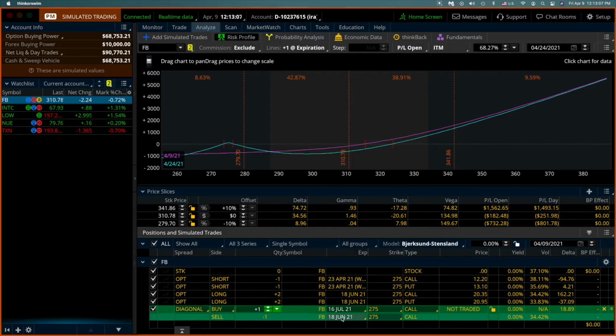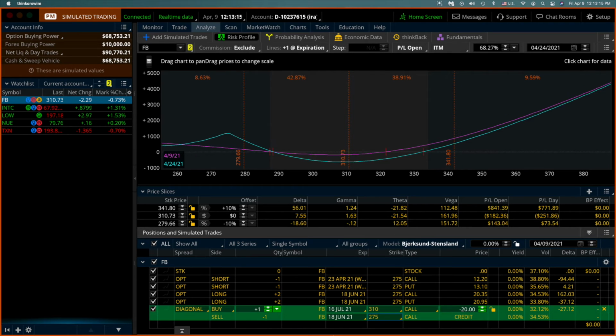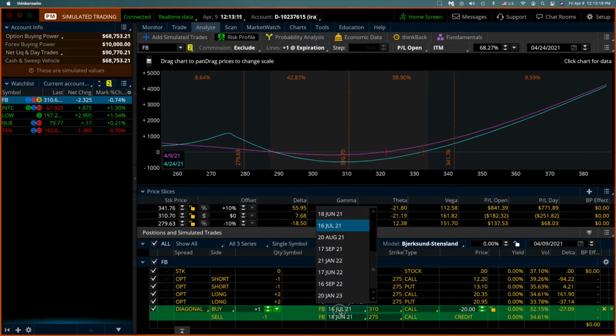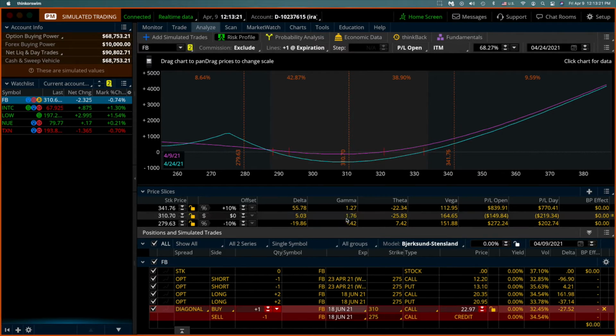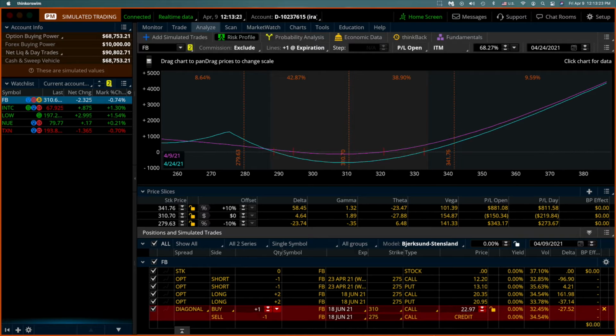And I'm going to sell one of those, and I'm buying a higher strike price, in this case 310, which is the current price. And the expiration could be the same as what we have right now. And then you get a big credit, $30. Since we have here, if we did that, we're still in a loss, we can give it a chance. Okay, next week we could do that.